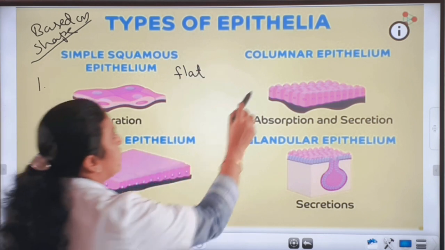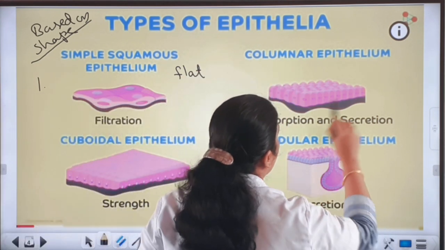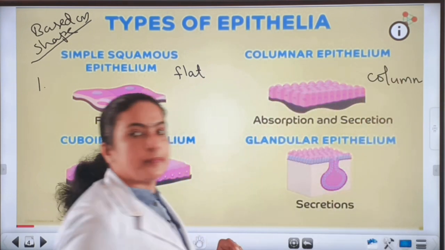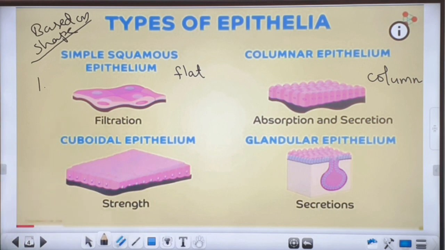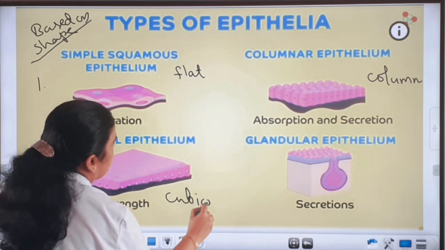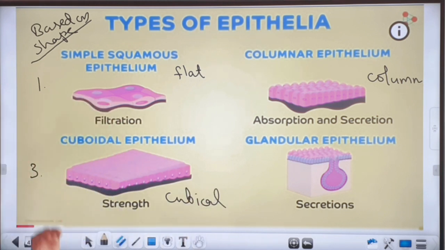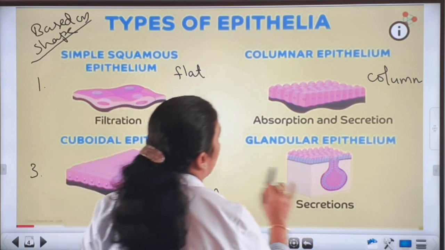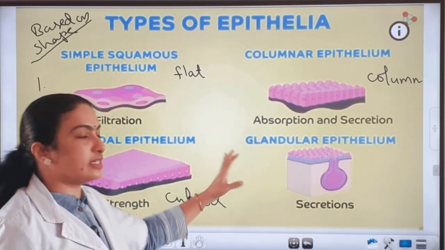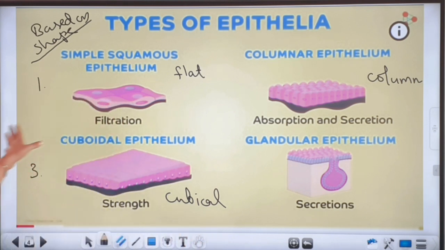The second one is columnar epithelium, that is column or pillar shape. The third one is cuboidal epithelium, that is cubical or cube-like cells. And the fourth is glandular, a specialization of epithelial tissue that I will teach you later. So these are the 4 major types of epithelial tissue.